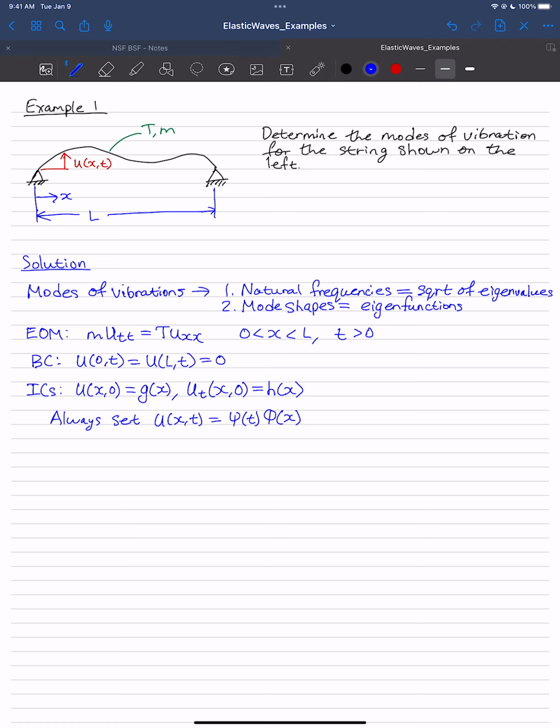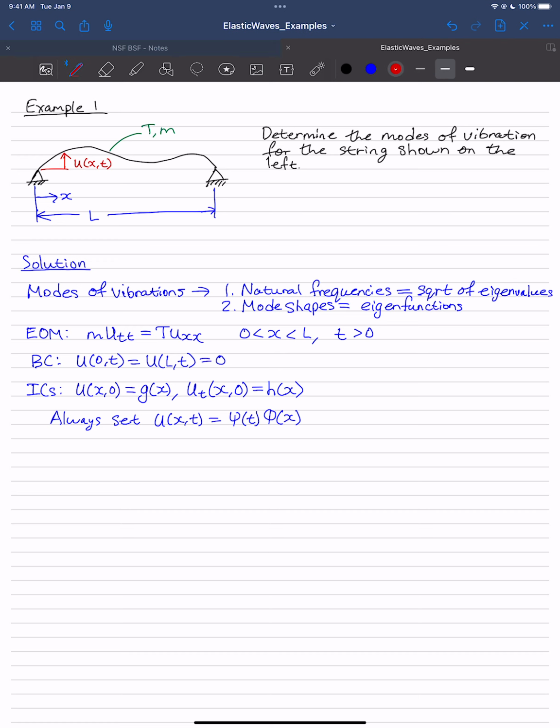So psi of t covers what happens in time, and in this class we're not so much going to study that, at least for the elastic wave. When we get to acoustic waves, we will look at that a little bit. But we're primarily going to be focused on the function phi of x and trying to find its solutions.